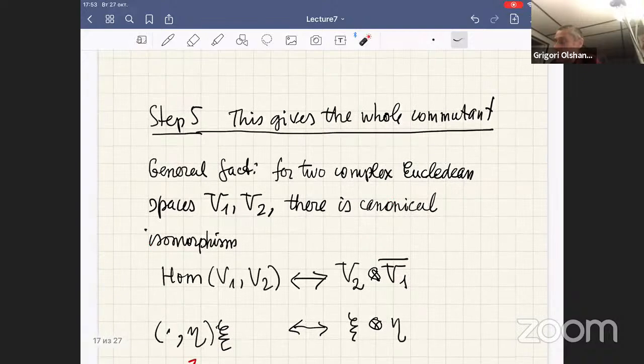And this is a less trivial step, that our construction gives us the whole commutant. Nothing is missing. How to prove this?